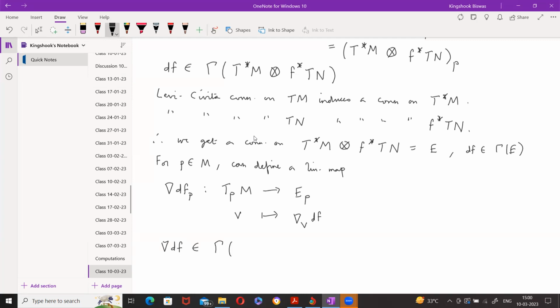So nabla df, at each point, it gives me a linear map from T_P M to E. So this is an element of the bundle Hom(TM, E), right? Now, what is Hom(TM, E)?